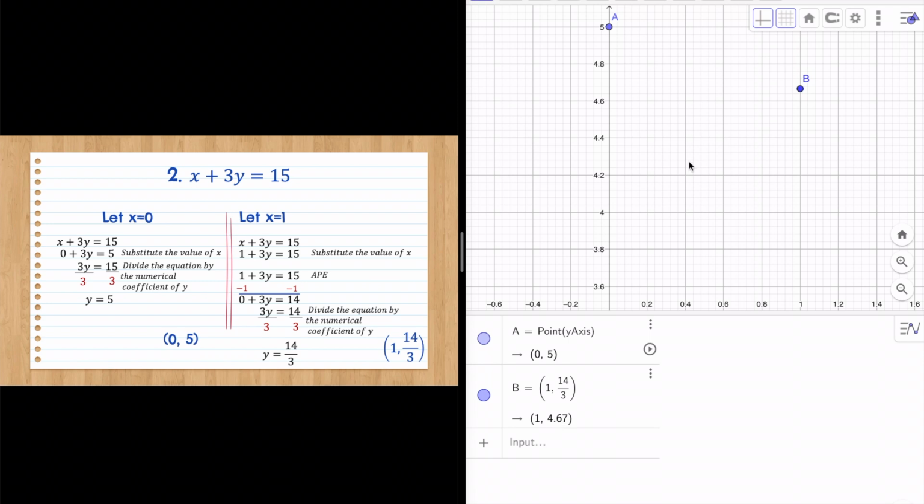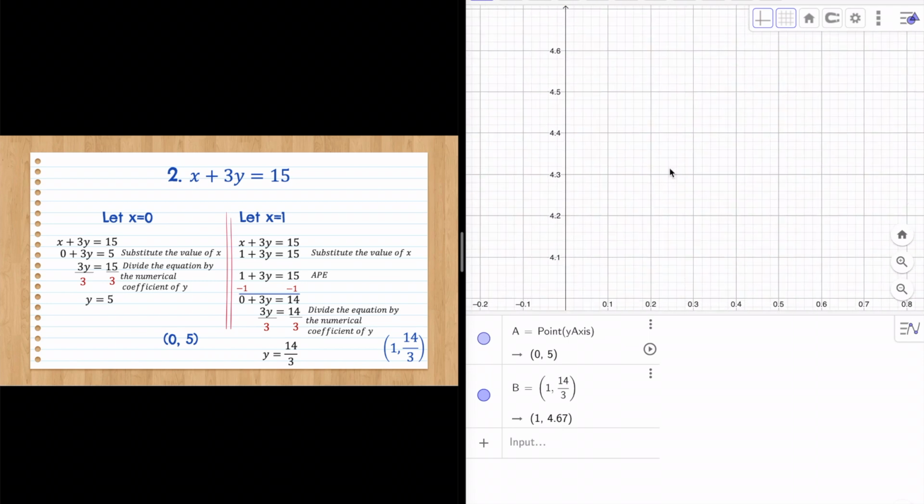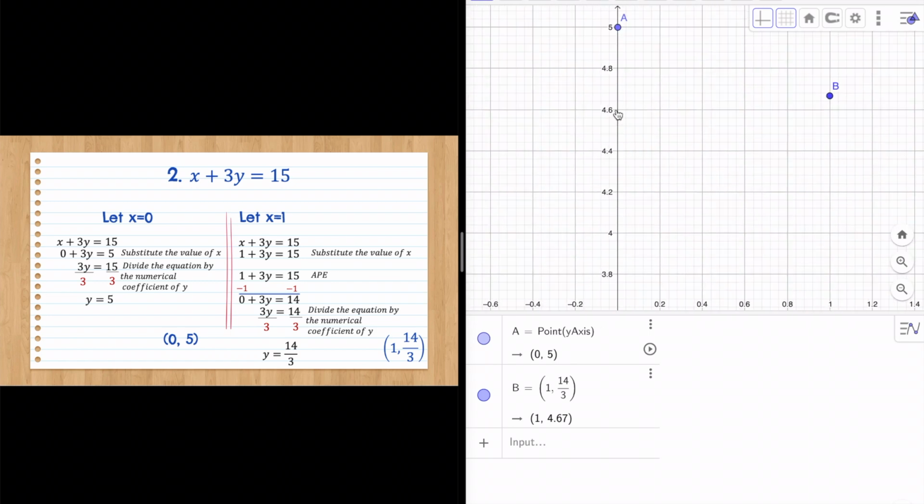Since 4.67 yan, syempre, it will be somewhere here. 4.6 to, tapos lalagpas ng onte para maging 4.67. So, ganun siya ginagawa manually. Tapos, yung x mo ay 1, tapos ito 4.67. Yun yung manually kapag may graphing paper ka.